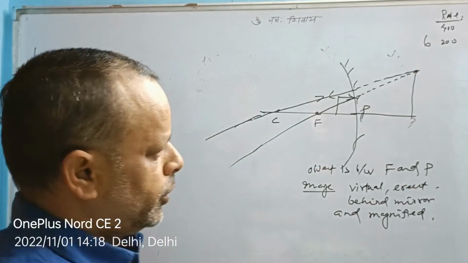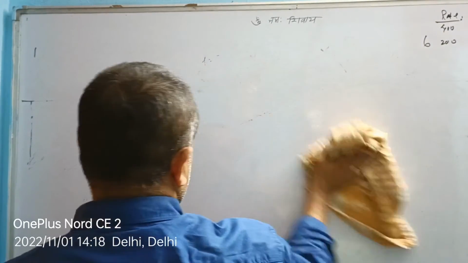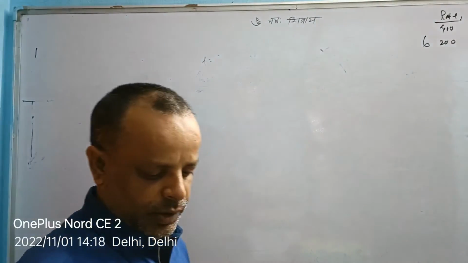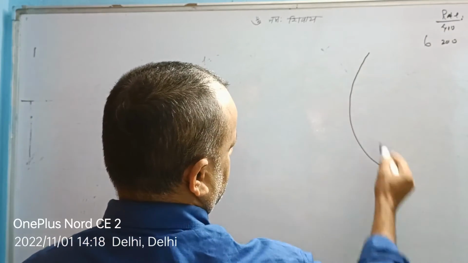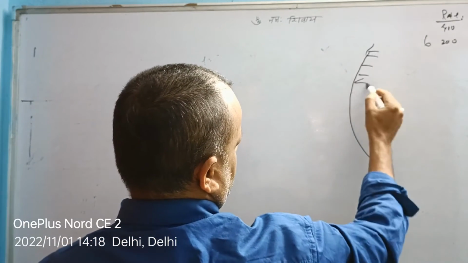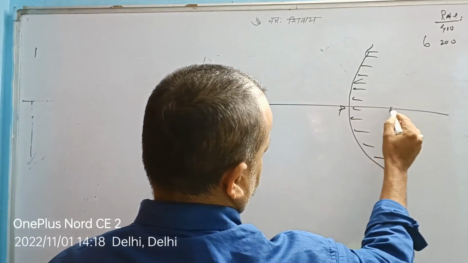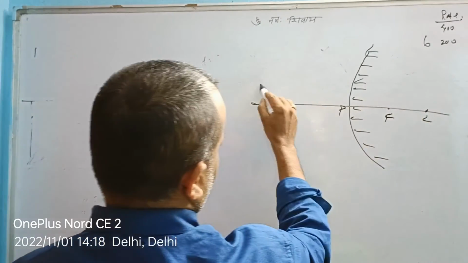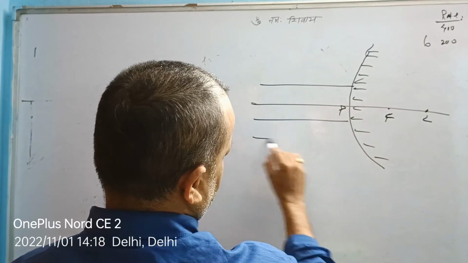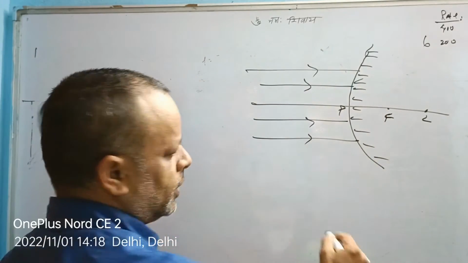Now we can move on to the other type of mirror, that is the convex mirror. In the case of a convex mirror, this is the pole, this is the focus, this is the center of curvature. When we draw a large number of rays parallel to the principal axis, what will happen?